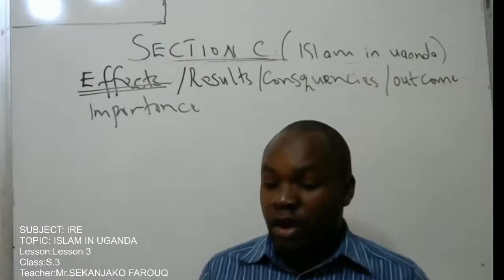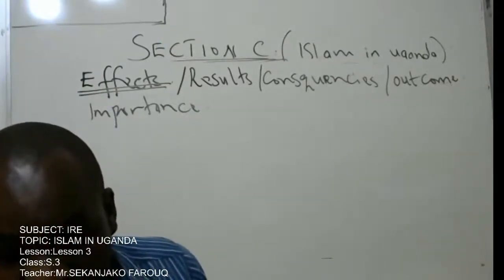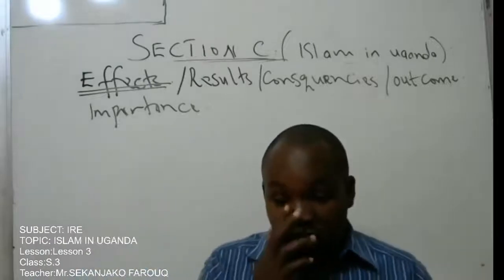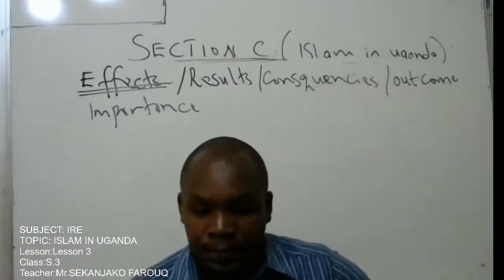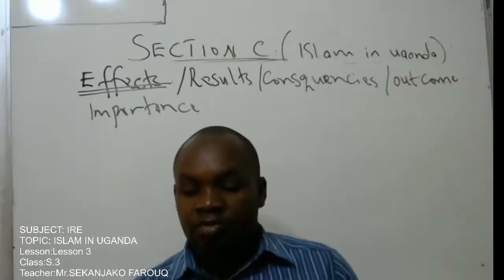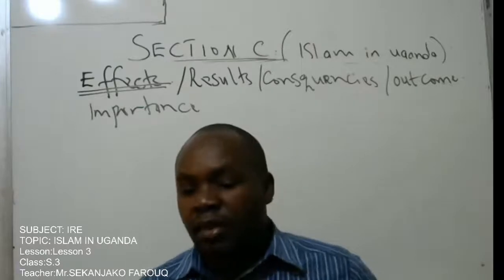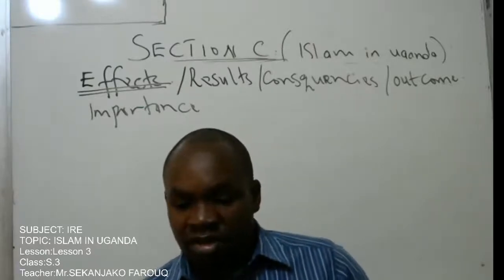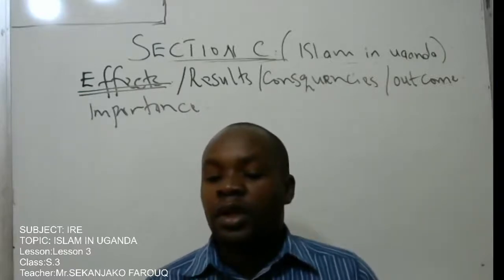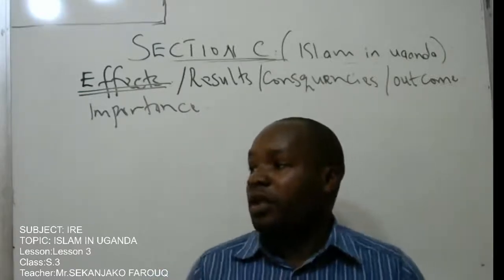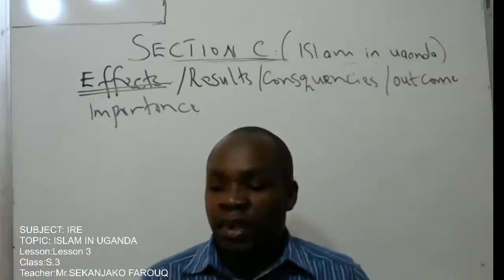Up to present, whatever happens is attached onto the Muslims, whether it was done by them or not. The religious wars created a gap between the Muslims and the Christians in Uganda, as they had killed each other in the course of the fighting. So it created a gap which is yet to be closed.